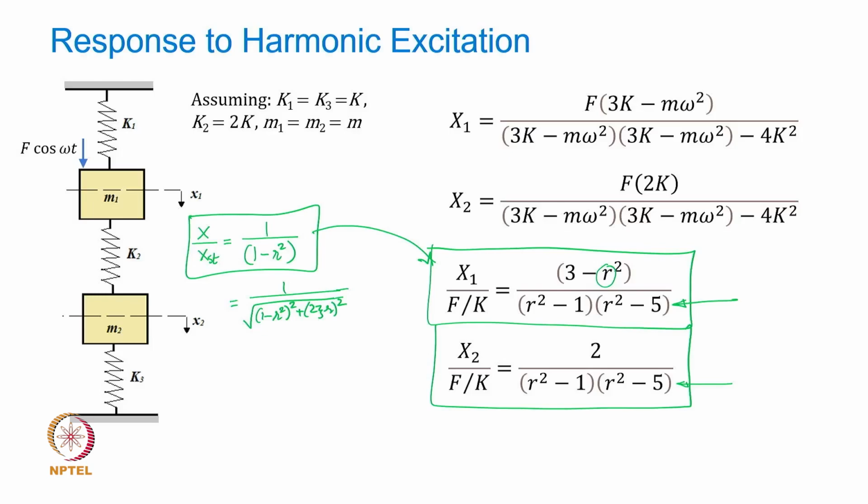So for a multi degree of freedom system, when it vibrates naturally, when it executes a free vibration in one of the natural frequencies, all the masses move with the same frequency. Similarly, when they are at resonance, all the mass elements of that multi degree of freedom system will also have large amplitudes.